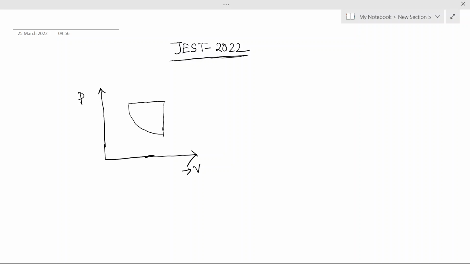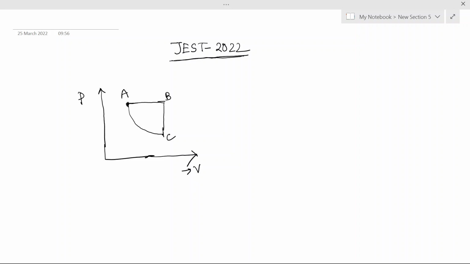So the problem is we have 1 mole of ideal gas which is at point A, then goes to point B, then goes to point C and then comes back to point A. The arrow is not needed actually, it's reversible.